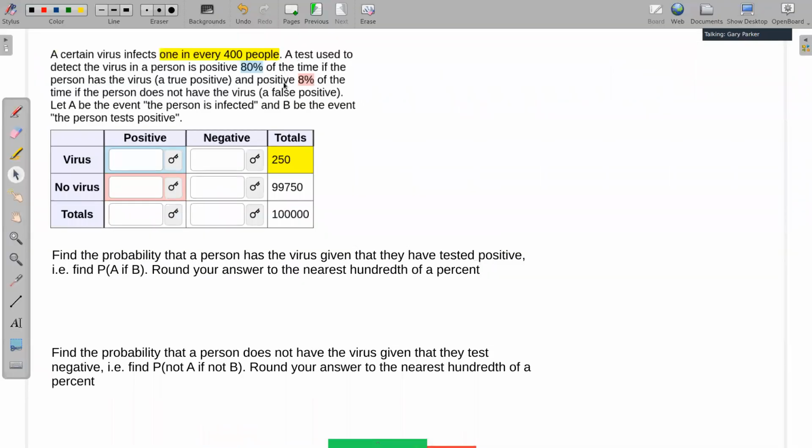The false positive, let's look back at the description. The test will be positive 8% of the time if the person does not have the virus. So of all the people that don't have the virus, so all the people in the second row, 8% of them will have a positive test even though they don't have the virus, right? So the test was incorrect, it's false.